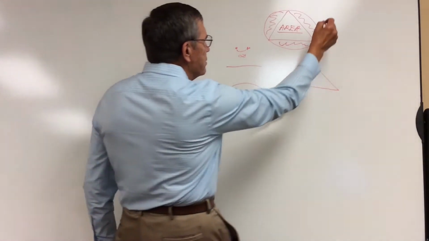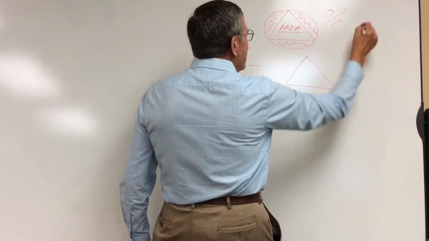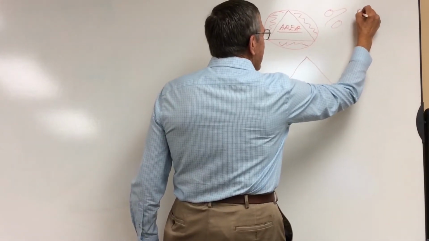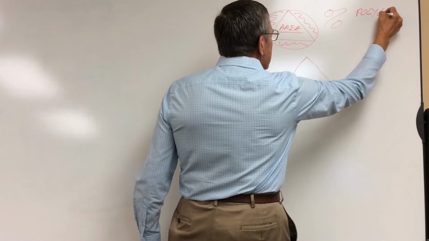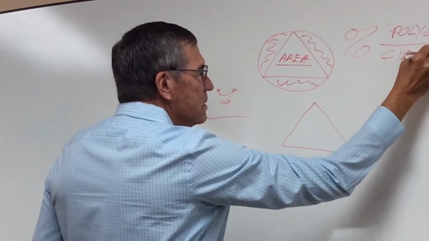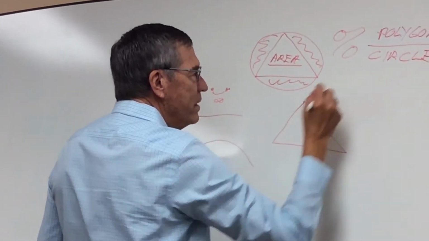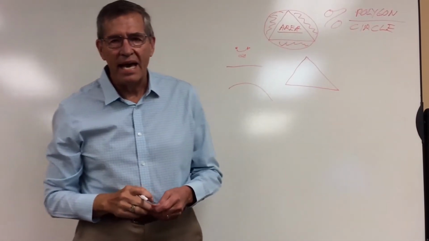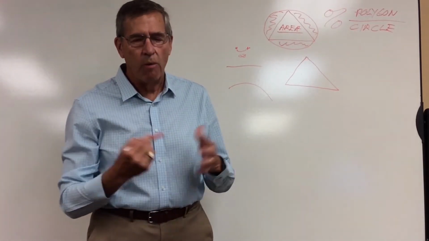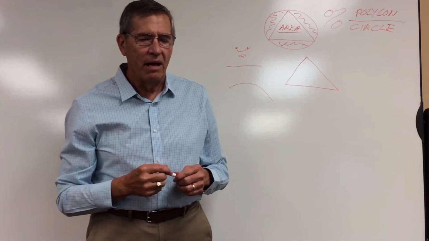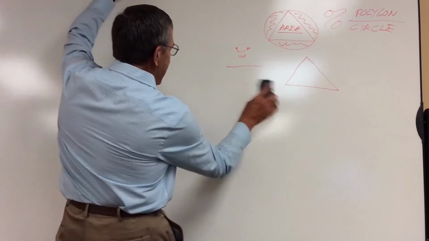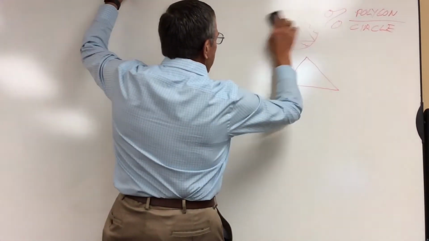And so we're going to ask ourselves, what percent is covered by the polygon? So polygon divided by circle. Okay? And we'll use that as our reference for how much space is covered proportionally by the polygon inside the circle. Okay, so I'm going to erase that and we'll start our first problem.